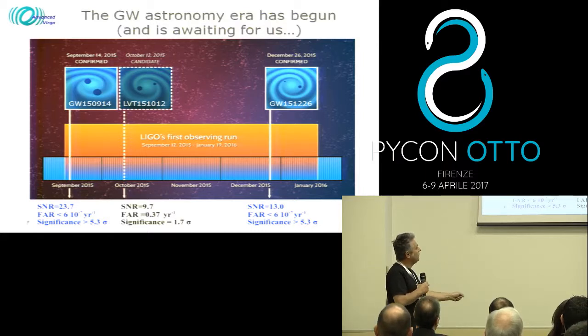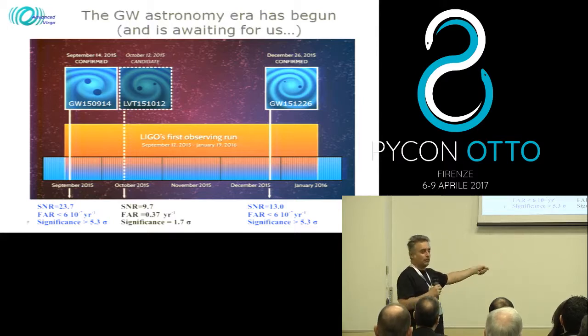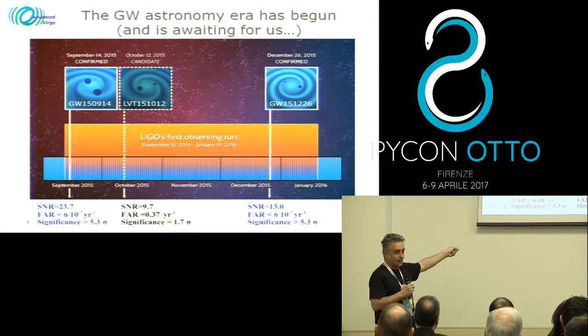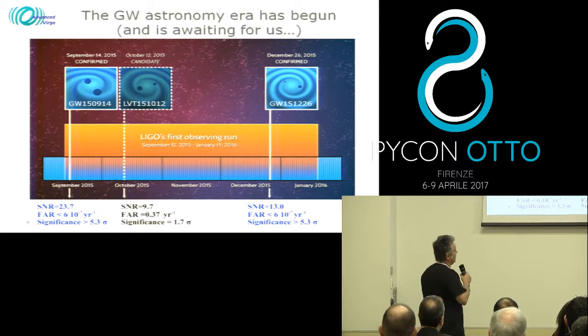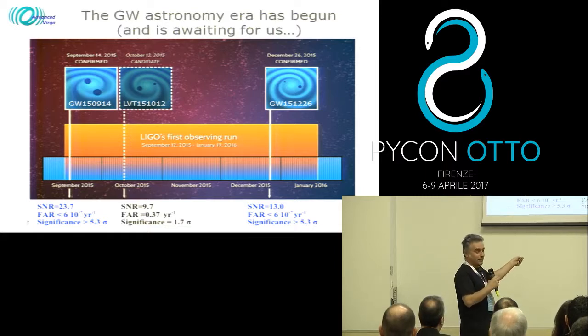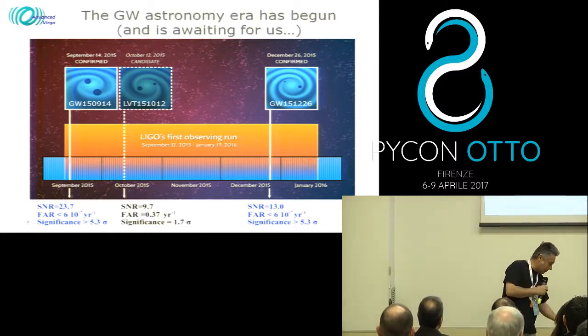So you see, astronomy has started. The first event was confirmed with another one. Candidate events are coming, and more things are coming with the second science run that is going on at the moment. So things are going on, and we have to catch up.